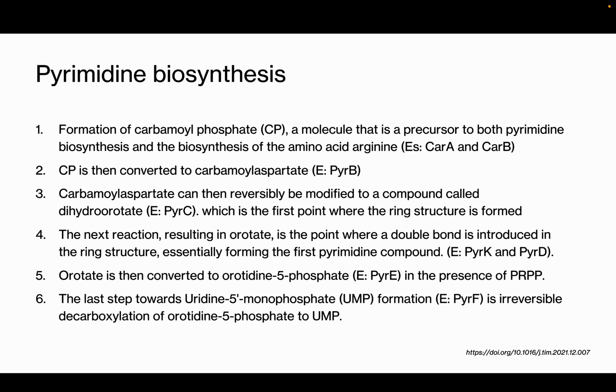The next reaction, after conversion of carbamoyl aspartate to orotate, is the production of a double bond, closing the ring and essentially forming the first pyrimidine compound, carried out by the enzymes PyrK and PyrD.